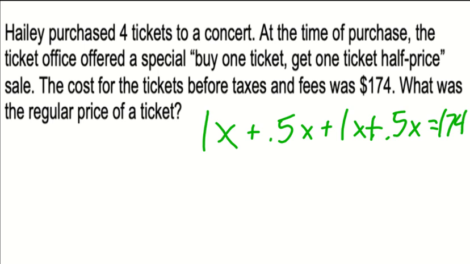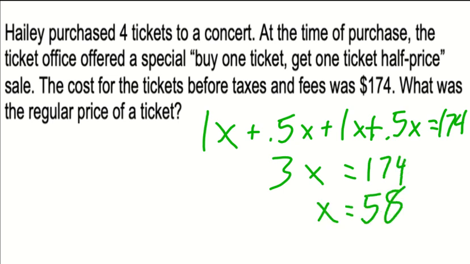You see what I did? Like we got full price, full price, half price, right? So when we combine all that, we got 1 half, 1 half. I got 3 total X's. I got 174. I divide then. That means 1X is going to equal $58. That's going to be the cost of 1 full price ticket then.